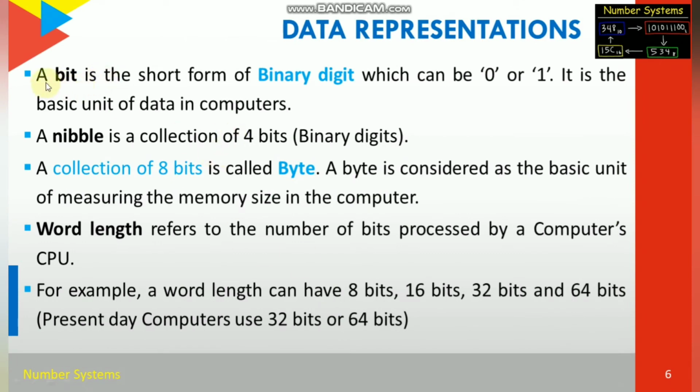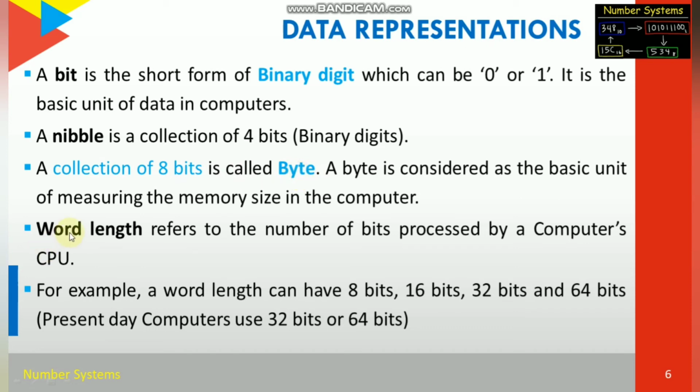Then we studied a nibble. A nibble is a collection of 4 bits. Then a collection of 8 bits is called a byte. I already said this is a 1 mark question: a nibble is a collection of 4 bits, and a collection of 8 bits is called a byte.